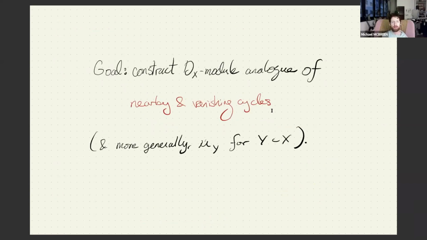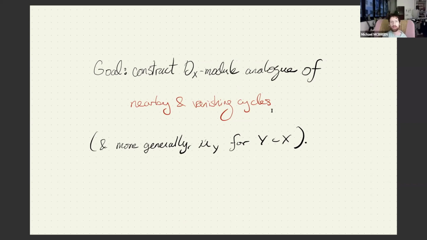So our first goal is going to be to construct, for regular holonomic D modules, the analog of nearby and vanishing cycles, some of the basic tools in the microlocalization picture for constructible sheaves.